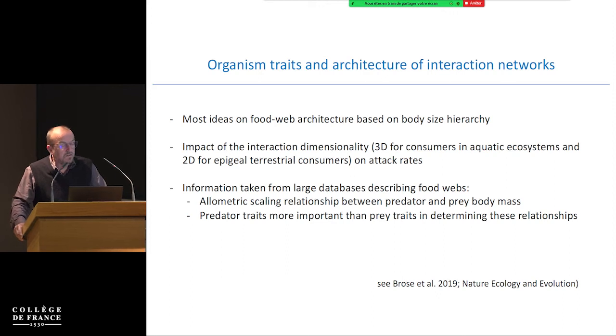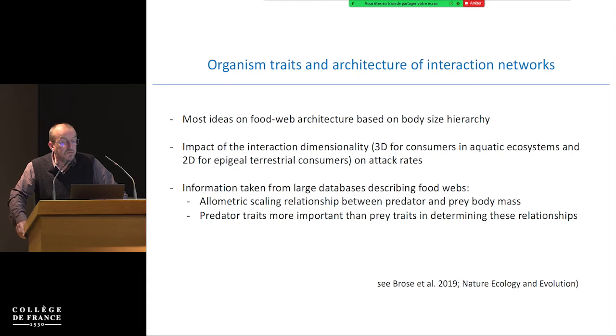We have a lot of information on that, which clearly shows that relationships are size dependent, and there are also interesting aspects which show that when we compare terrestrial and aquatic systems, the fact of being in 3 dimensions or 2 dimensions is very important.